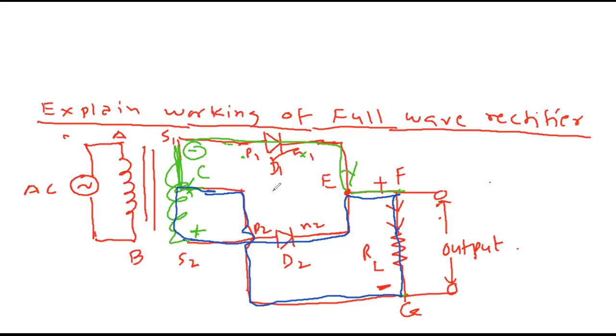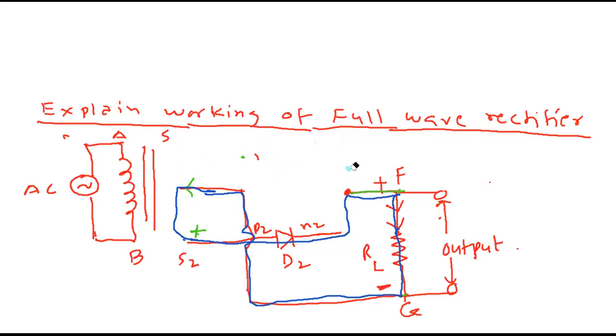During this cycle, this one is not conducting. So this way we get current and output remains the same. Thus we see that output is obtained for both half cycles of input and in the same direction. Therefore it is called full wave rectification.